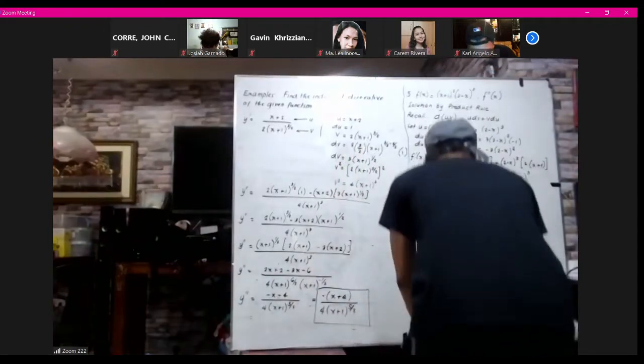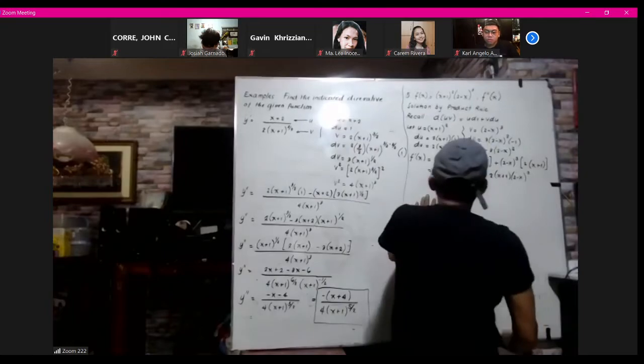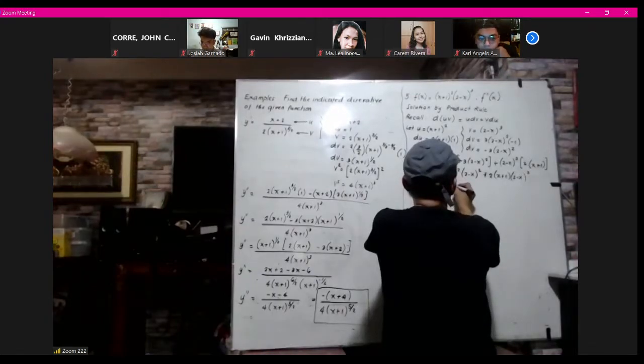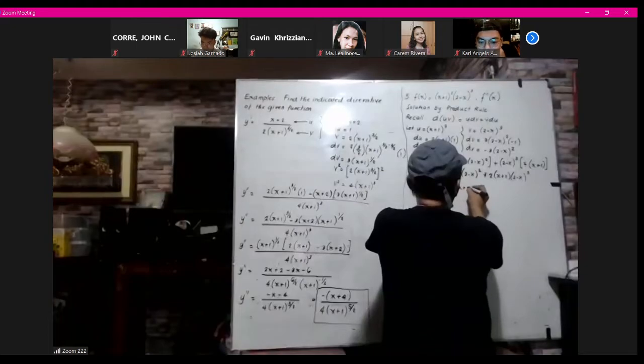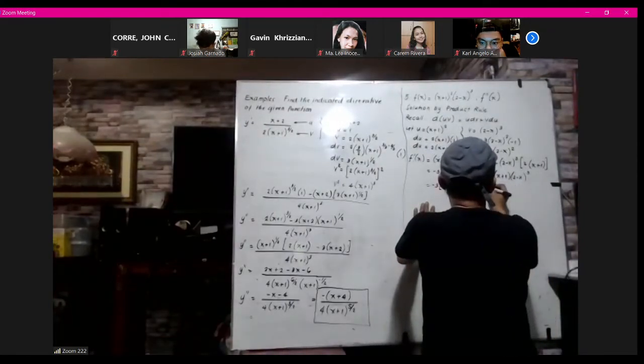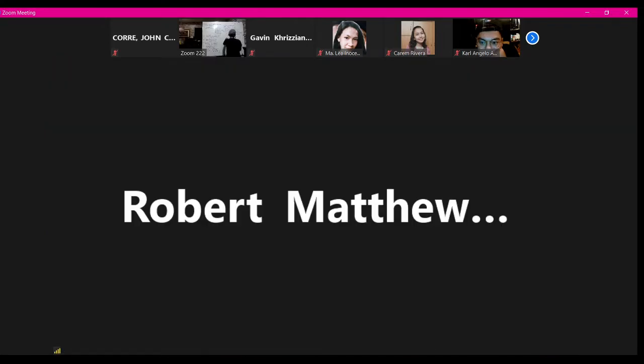Yan. Okay. So, pwede natin ngayon expand ito. Okay. So, expand natin ito muna. Okay. So, this one, that is equal to negative 3 multiplied by (x squared plus 2x plus 1). Ito yung expansion nito. Tapos ito naman, pwede nating ilagay na, okay. Yan, okay.